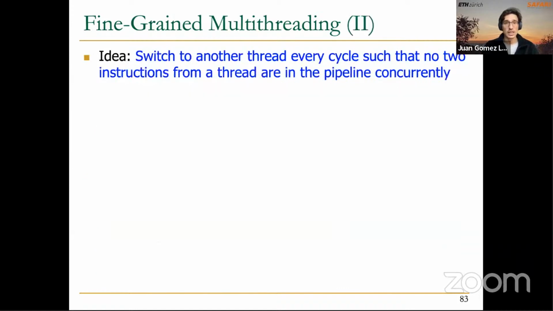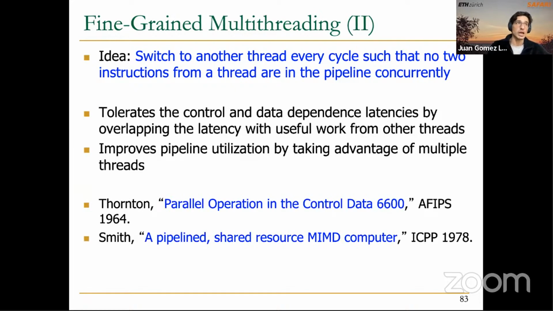Essentially, the idea is to switch to another thread of execution every time we cannot have two instructions from the same thread in the pipeline, because they are dependent. For example, you may have an access to the main memory that usually takes hundreds of cycles, and the next instructions from the same thread are dependent on this access. So we have to wait.